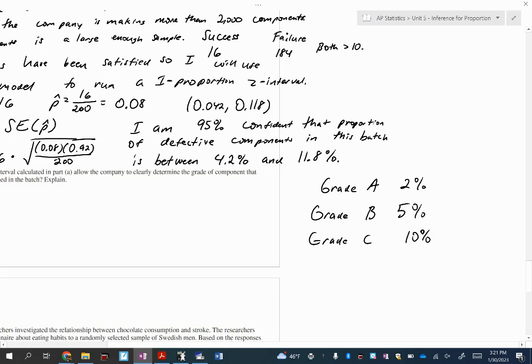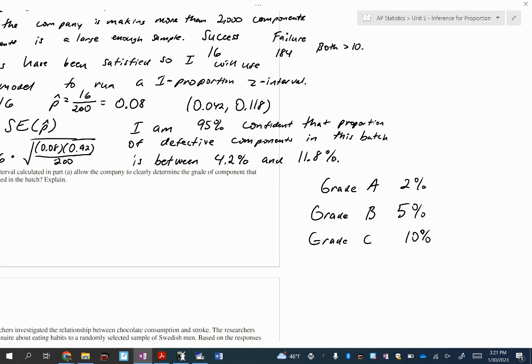All right, so look at your intervals. What's our low side on the interval? 4.2%. What's our high side or max? 11.8%. So are there any of these that I can rule out? 10% is in there, right? 10% is between. I'm sorry.